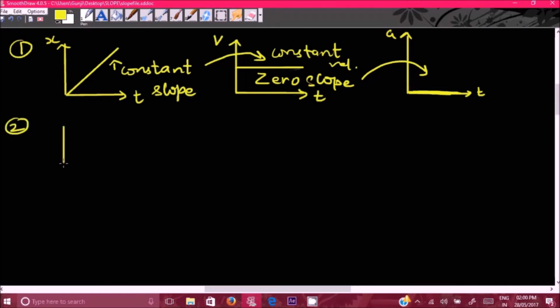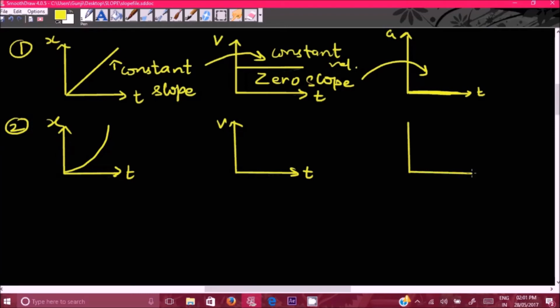Another example. In this case, the xt graph is a curve, like this. Now here we have to draw the vt graph and at graph.